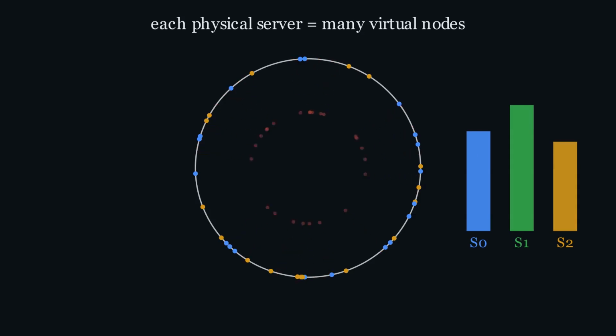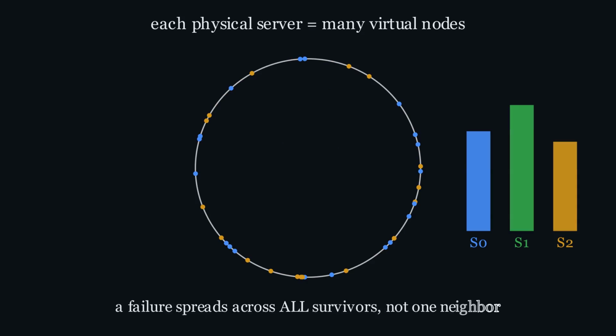And when a physical server dies, its hundreds of little arcs are scattered all around the ring, so its load spreads across every surviving server, not one unlucky neighbor. And bonus, if you've got one machine with twice the RAM, give it twice the virtual nodes. It naturally receives twice the traffic.